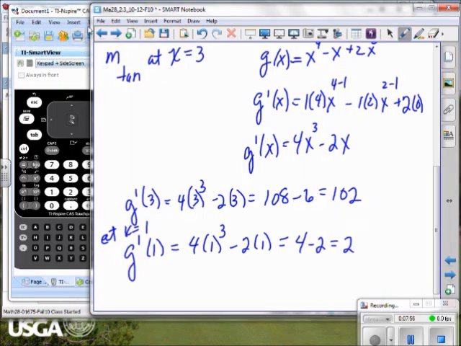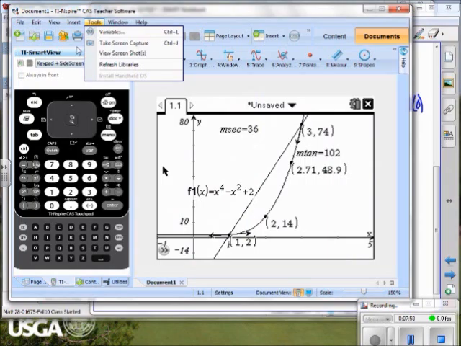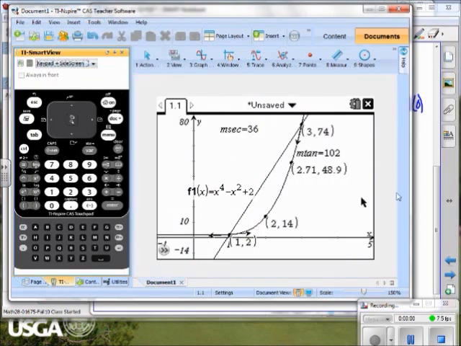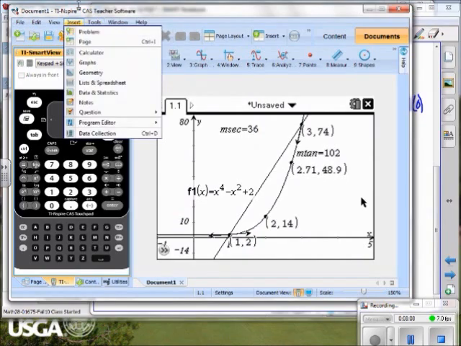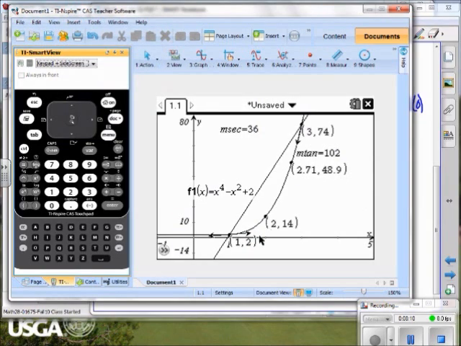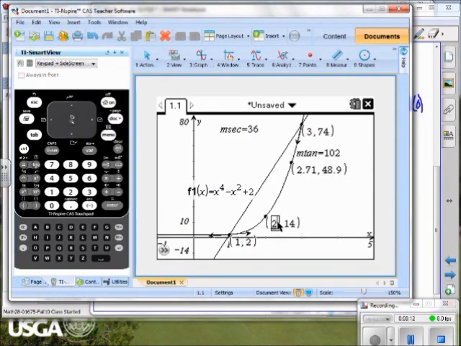We said 2. Wait a minute. Let me stop and think here. That's good. Okay, yeah, this would be good. What I need to do here, remember a tangent is a derivative. I'm actually going to make this 1.00001.